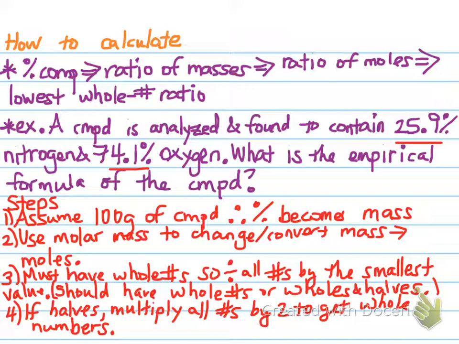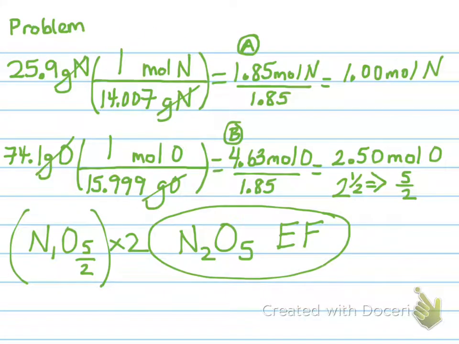After we do that, we should either have whole numbers or wholes and halves. If we don't, then we should check our math. If you do have halves, then you have to multiply all your numbers by 2 to get whole numbers. So those are the steps that we just did to do this problem.